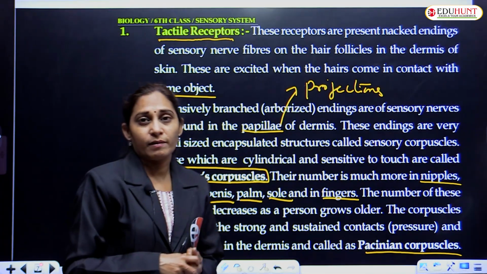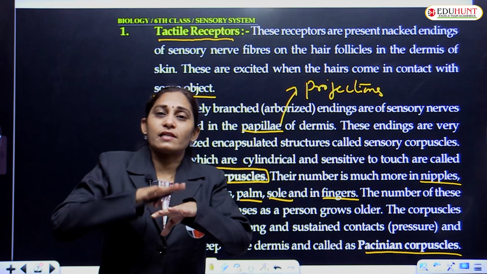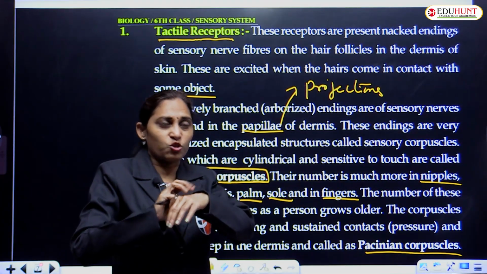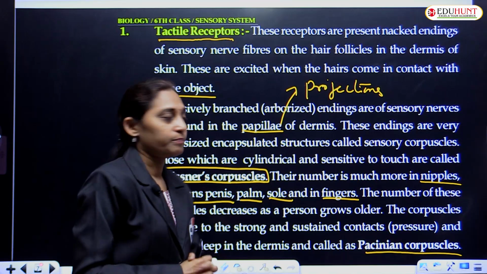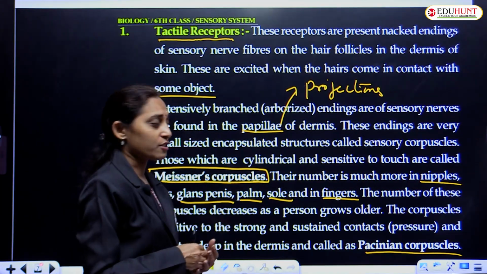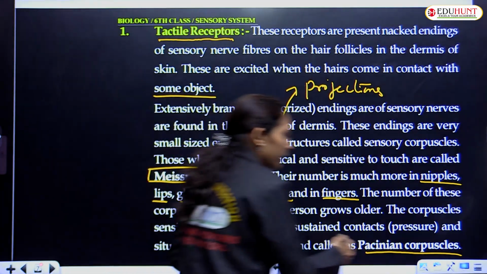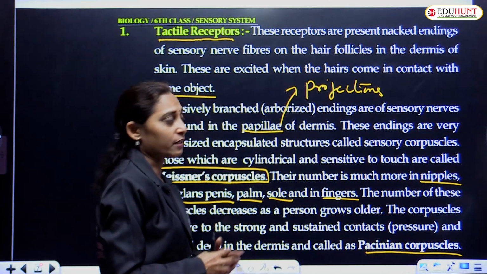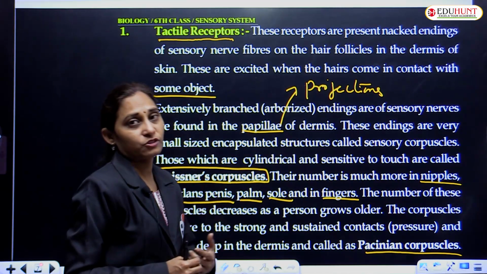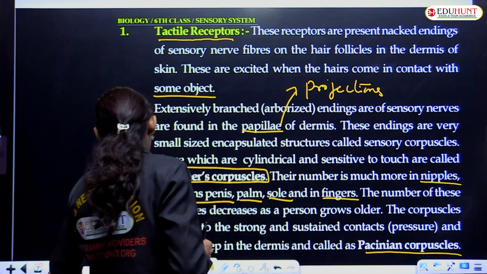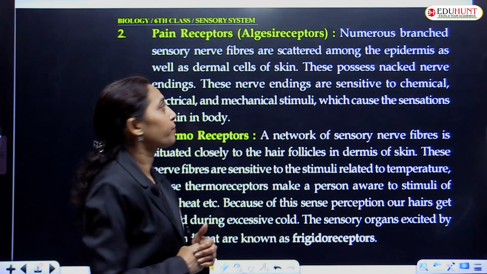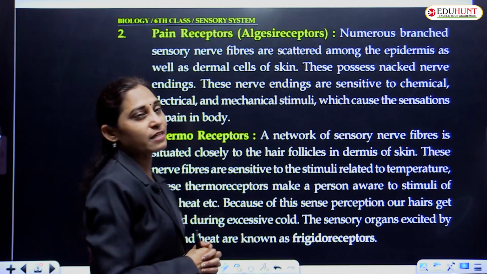Alage pressure ki, we feel somewhat squeezing effect. The receptors of pressure are situated in the dermis, called the Pacinian corpuscles. Ikkada Meissner's corpuscles are associated with simple touch, whereas the Pacinian corpuscles are associated with pressure.